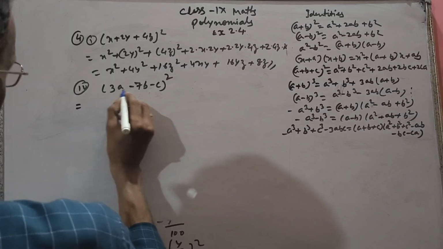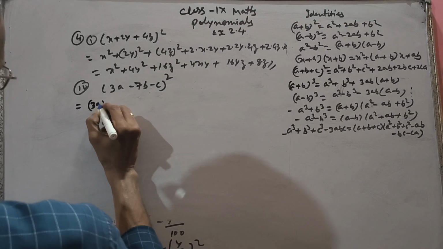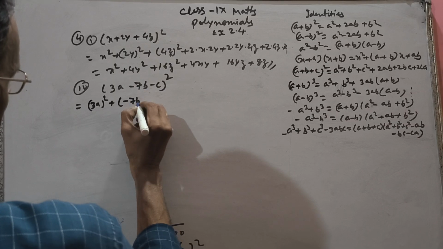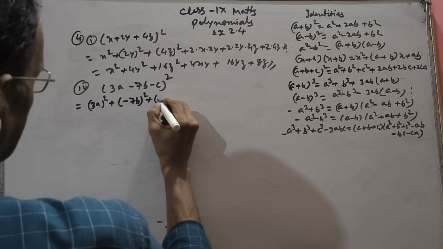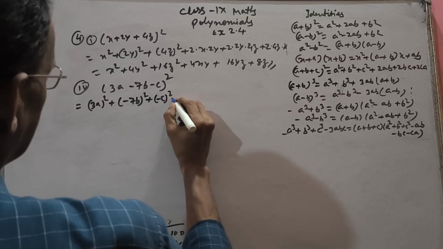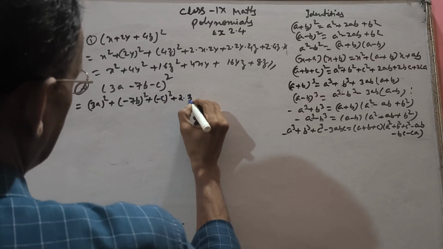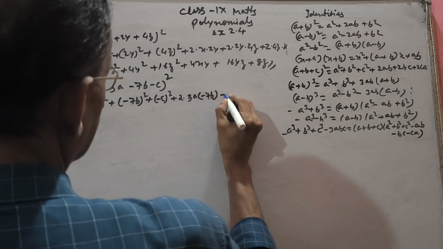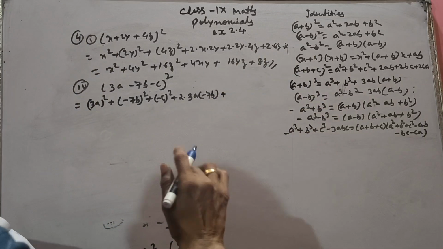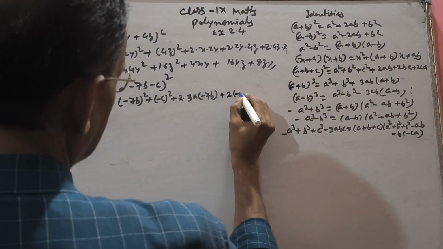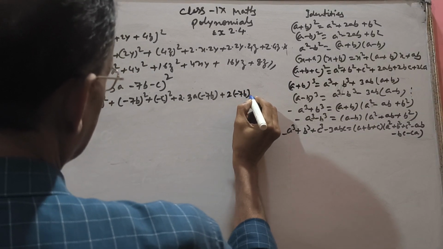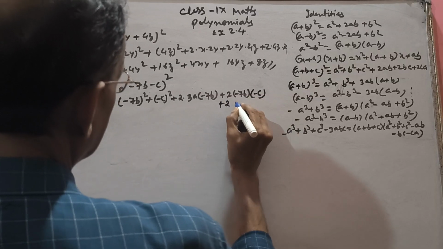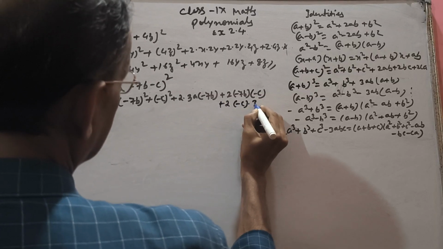So just use this formula: write a squared plus, but since b is negative, it will be negative inside, b squared, then minus c squared. Then 2 into a into b, minus 7b, so we write minus. That will help you do it with this single formula only: 2 into b, which is minus 7b, and c, minus c, plus 2 into c into a.